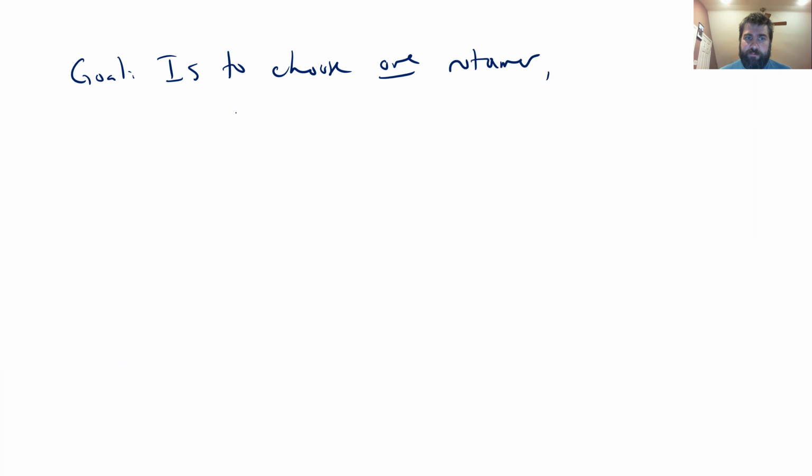So remember that our goal is to choose one rotamer. And a rotamer is an amino acid plus its conformation. At each position.